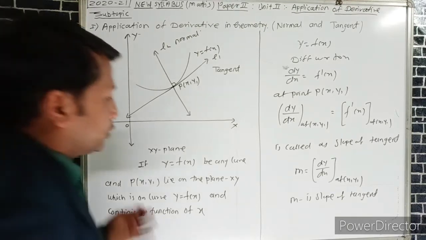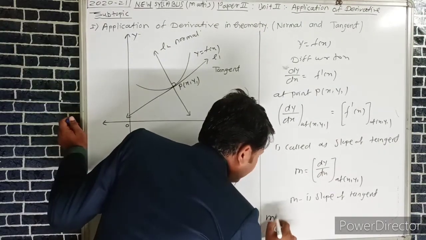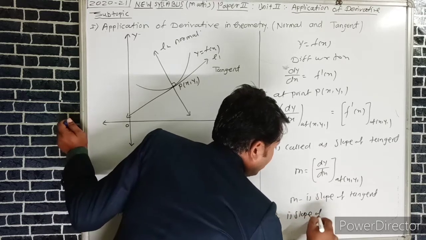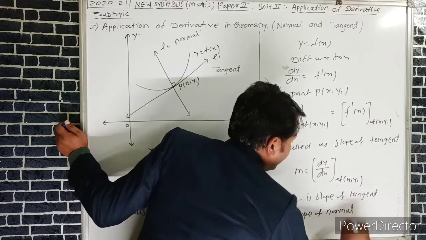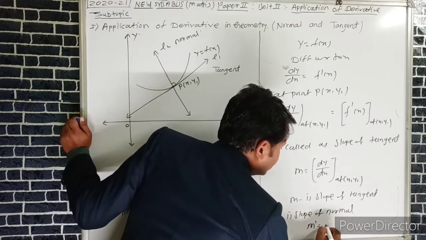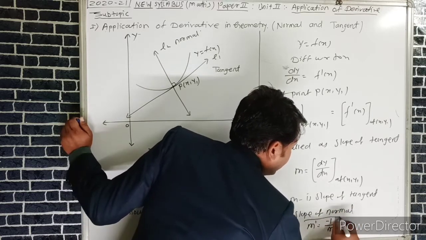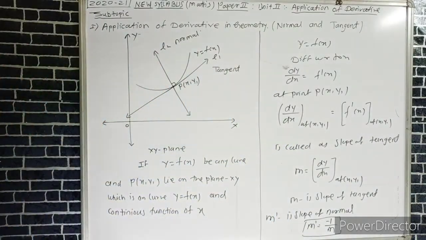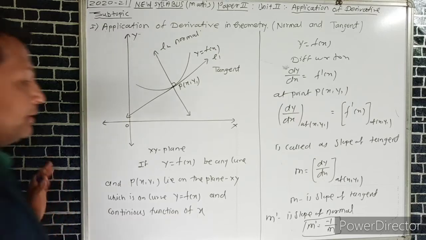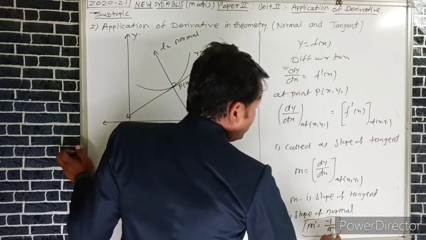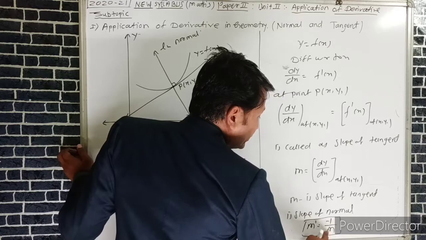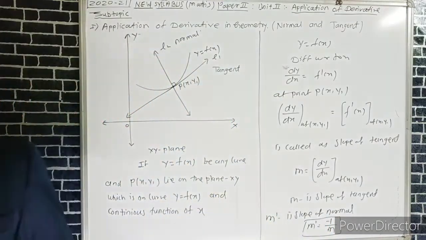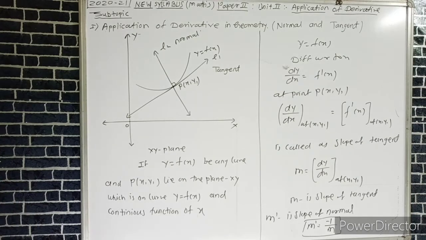Also we call m dash the slope of normal, and the value of m dash equals minus 1 upon m, because the tangent is perpendicular to the normal. So m is the slope of tangent and m dash is the slope of normal. m dash equals minus 1 upon m.